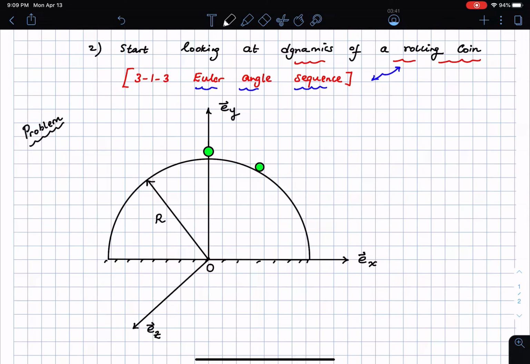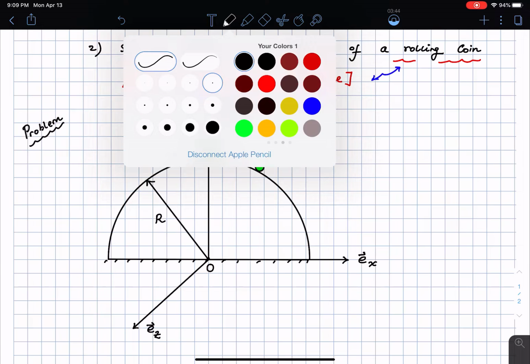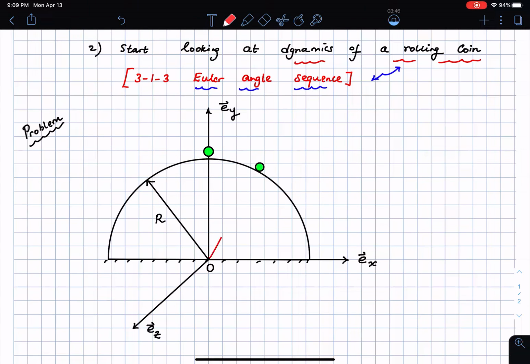Starting from the point O, I'm going to draw a direction here, which I'm going to call er, and the direction that is tangential to the surface is going to be called e theta.